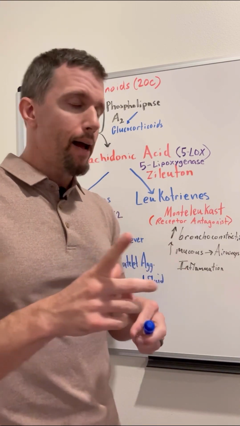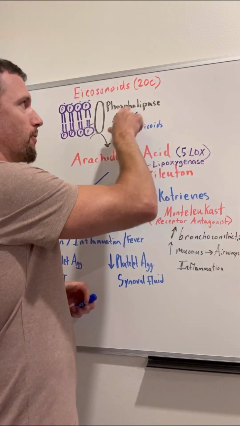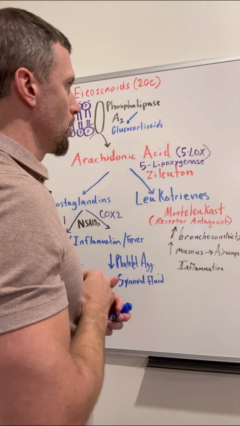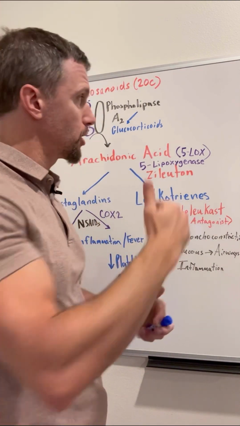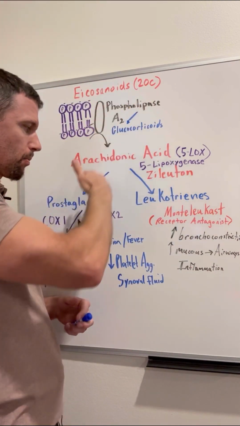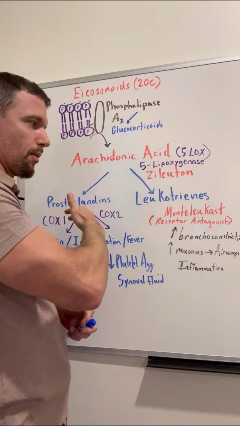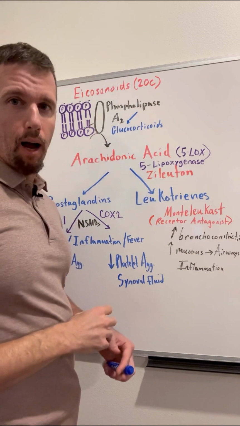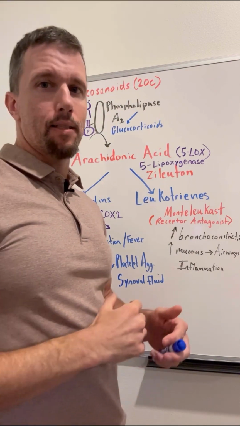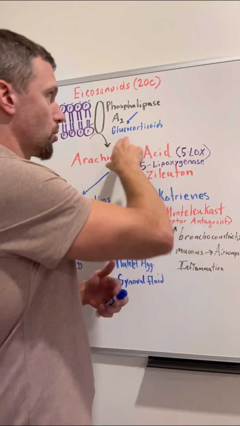But one role they have is they'll actually inhibit phospholipase A2 from cleaving that arachidonic acid to begin with, so it's just higher up, and it's going to help with decreasing the number of prostaglandins and leukotrienes from way up here at the top of this whole cascade. So that's the corticosteroids or glucocorticoids.